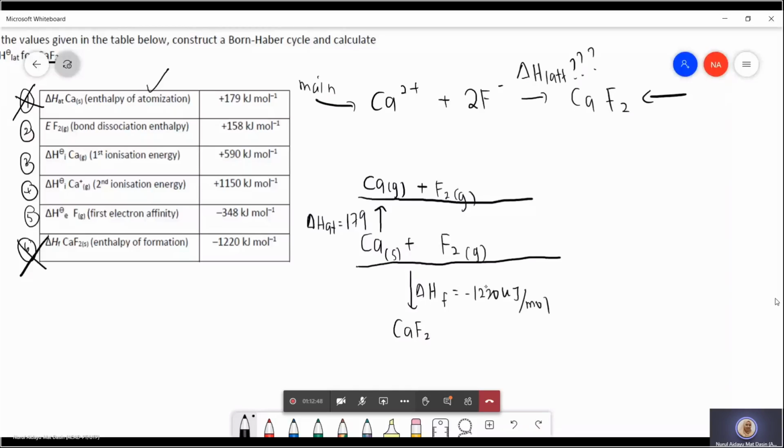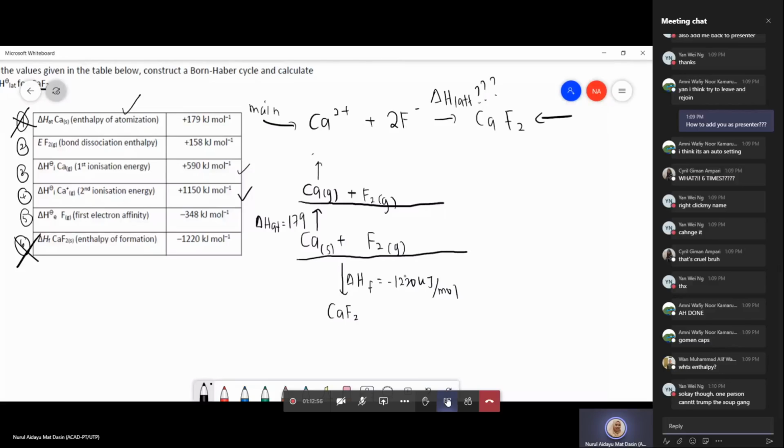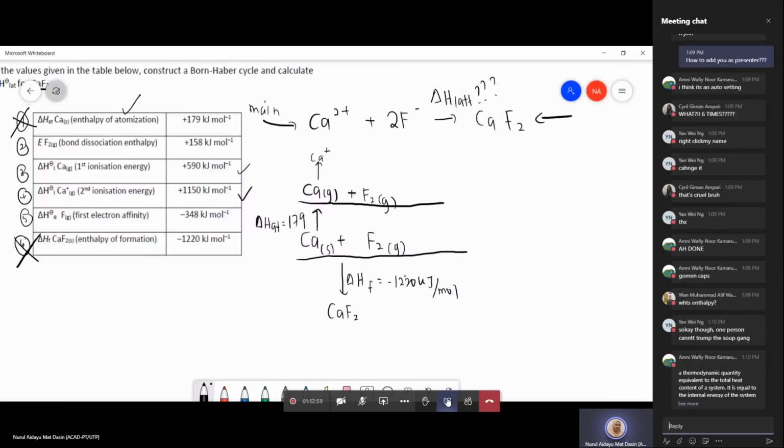Right now we are in the middle of the way, so we undergo first ionization energy and second ionization energy in order to get Ca2+ gas. Delta H IE1 is equal to 590, and then delta H IE2 is equal to 1150, and then we get Ca2+.